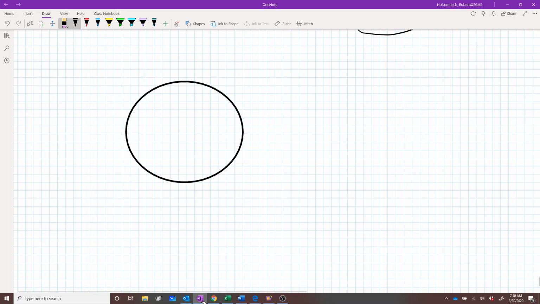So we've got this chord GJ, and it intersects with KH inside the circle. So the same theorem applies.